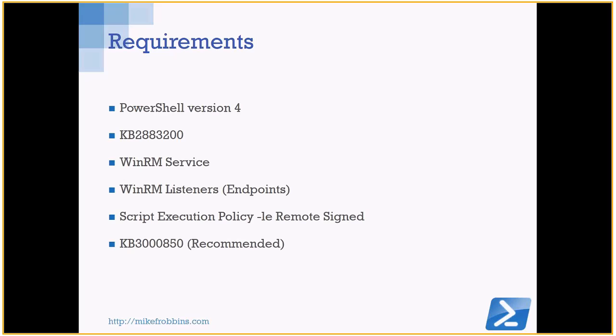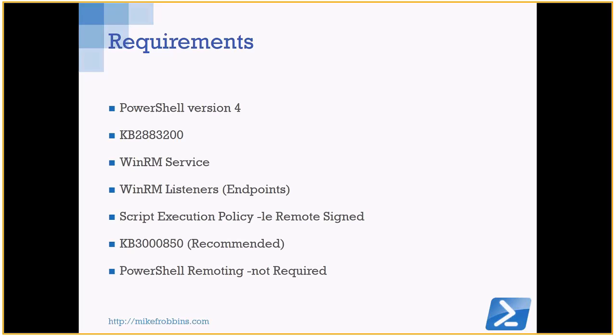And I also recommend this other hotfix. Both the KB articles refer to hotfixes. And PowerShell remoting is actually not required for desired state configuration. Now, typically, if it's on an older operating system, if you enable PowerShell remoting, it actually takes care of the WinRM service and the WinRM listeners for you.